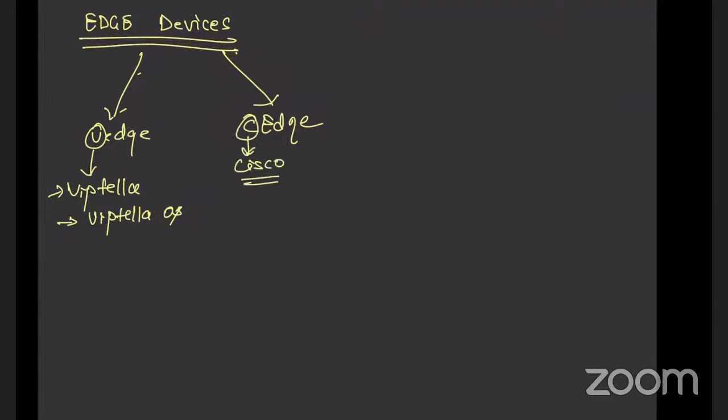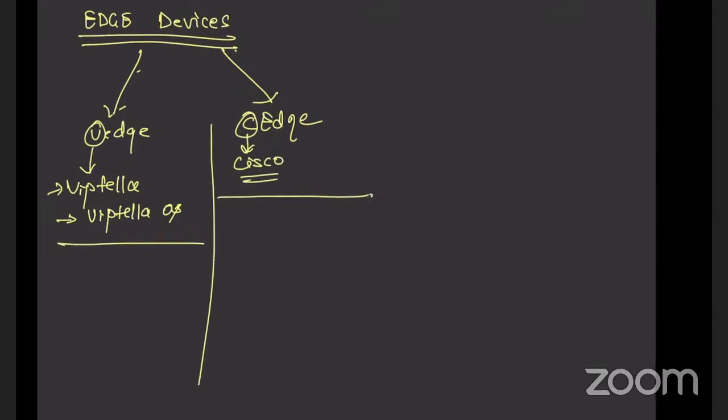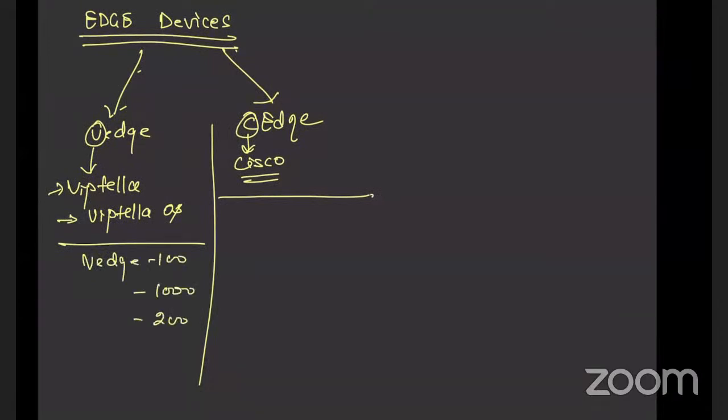Okay, so let me tell you the models. If we talk about models, we will have VH 100, VH 1000, VH 2000, VH 5000. So again, guys, the difference is in the bandwidth capacity that they can support and other features. So you can go with the data sheet to find the differences.